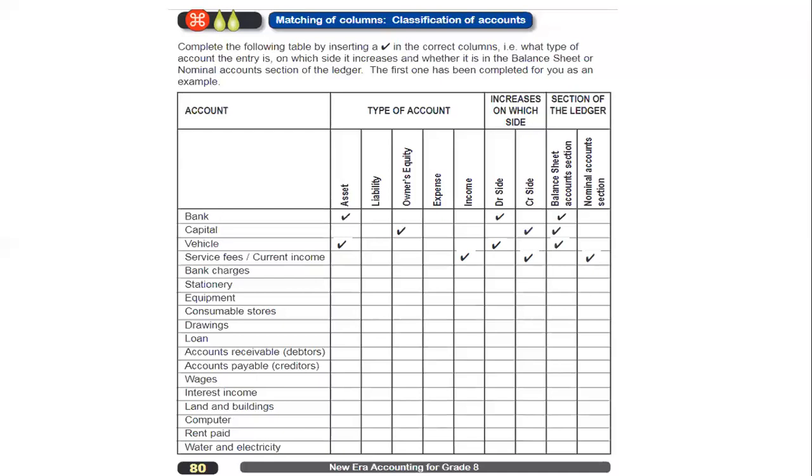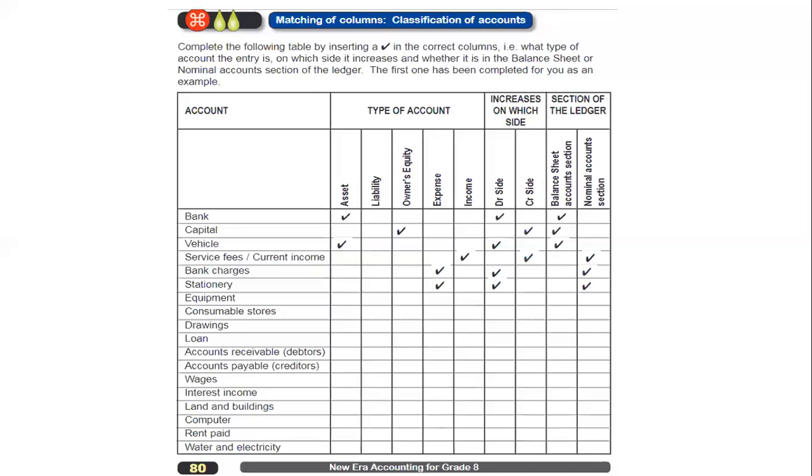Right. And then bank charges. Bank charges, these are expenses, right? It's an expense type of account, and it increases on the debit side when it receives, and you find it under the nominal account section in the ledger. And then we've got stationery. So stationery, when you pay for it, this is an expense, right? And it increases on the debit side, and you find it on the nominal account section in the ledger.